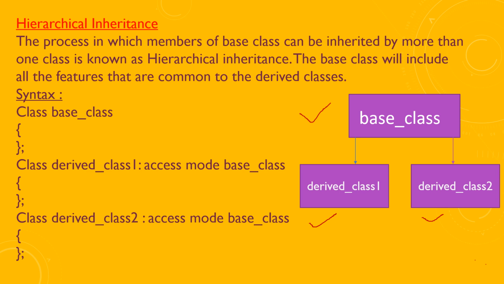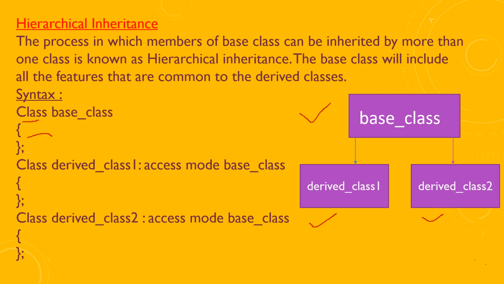So for creating a class, we will write first the keyword class and then the base class name, whatever name we want to keep, and the members inside open and close curly braces, and then we will end the class with a semicolon. Whatever members we want to keep, we will keep in the class. So this is the first base class we will create.